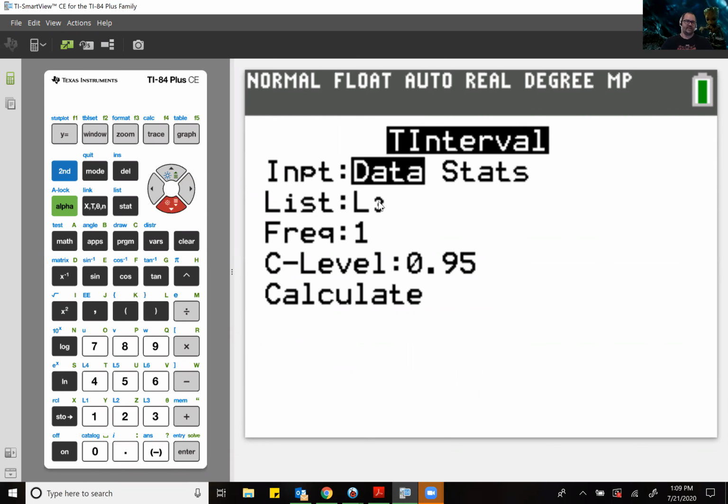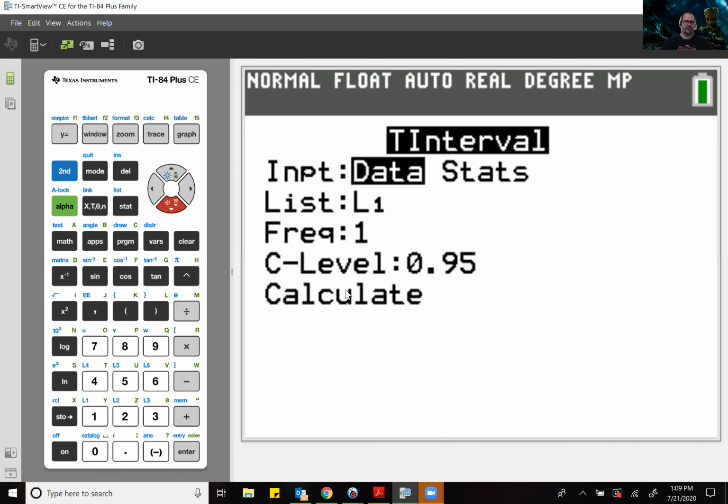If it doesn't say L1, hit second and number 1, because that's where my data is. Don't change anything else. We want 95%. Scroll down to calculate, hit enter, and there's our confidence interval.